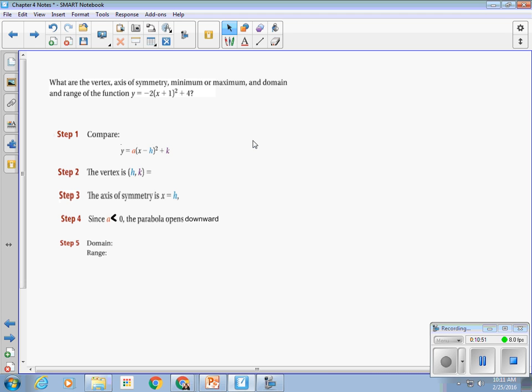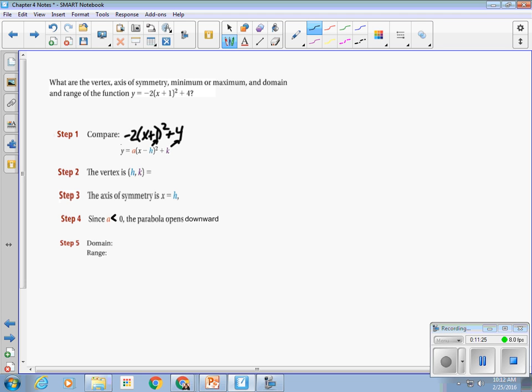So we want to take our y equals a parenthesis x minus h squared plus k. That is our vertex form. We are going to compare our original function directly with this form. So I'm going to identify which one is h and which one is k.